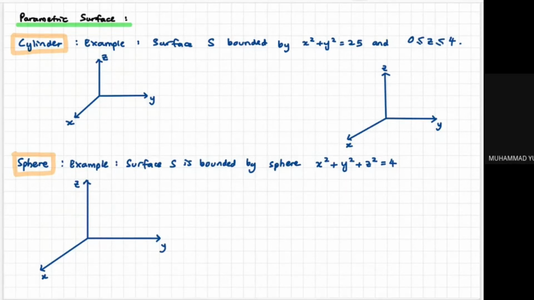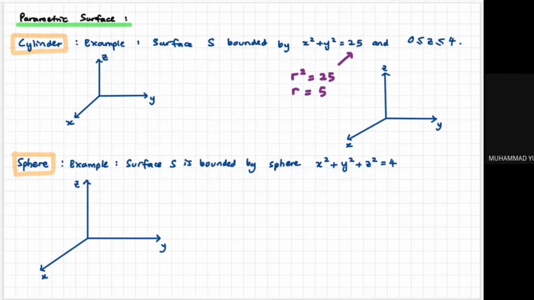Let's say you have a cylinder. For example, the surface S bounded by x squared plus y squared equal to 25 and z from 0 to 4. So r squared is equal to 25, so your r is equal to 5, and z is the height of your cylinder.